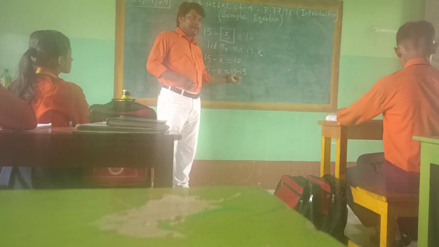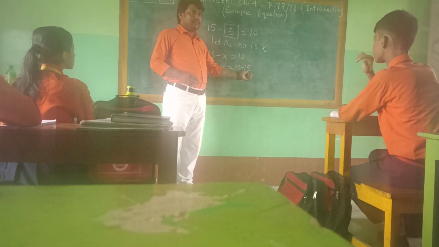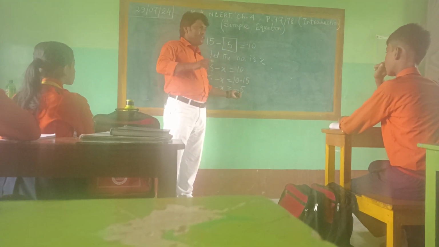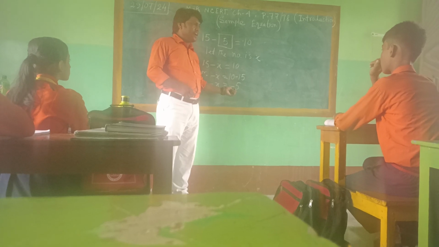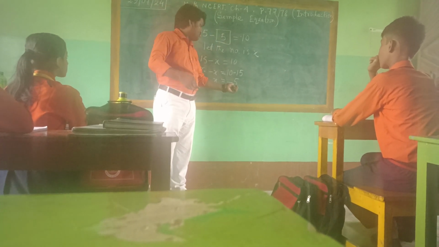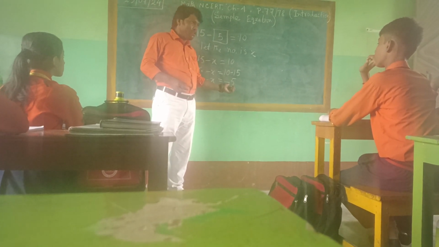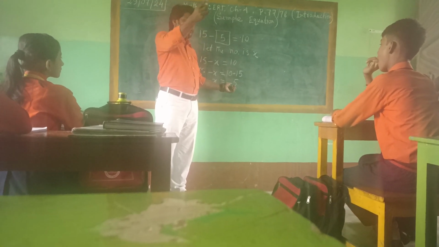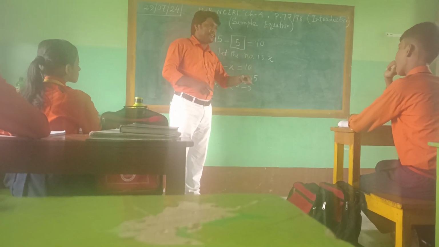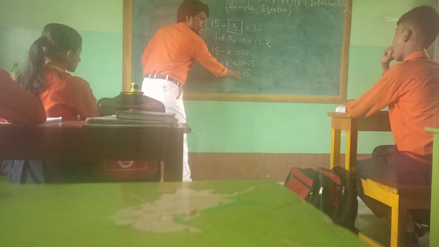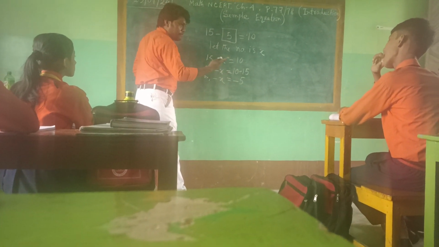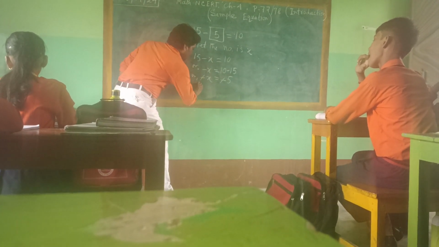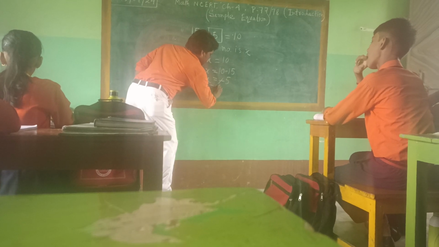Suppose you have 10 rupees but you have to purchase 15 rupees worth, so 5 rupees remain extra that should be paid later. So it is a loss, that means negative. So you have to pay the shopkeeper 5 rupees later. Now both sides minus, so x equal to 5.